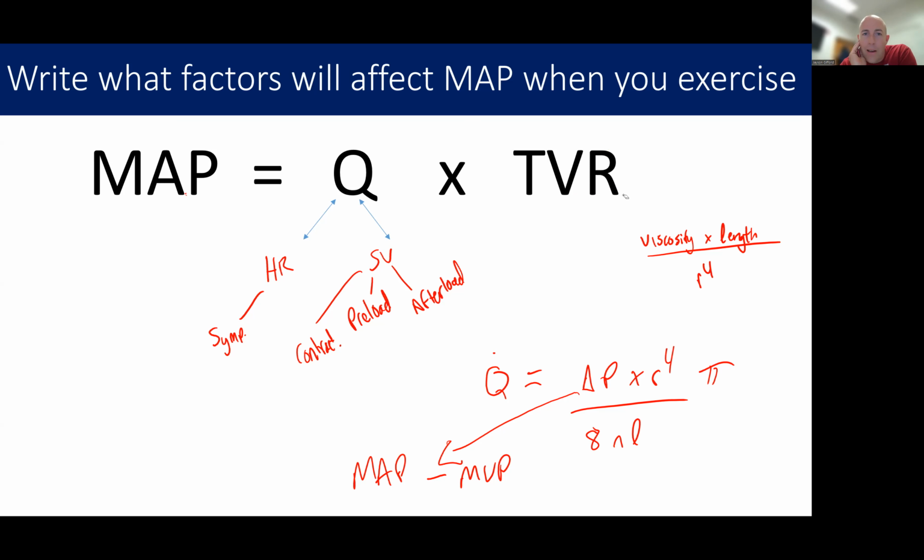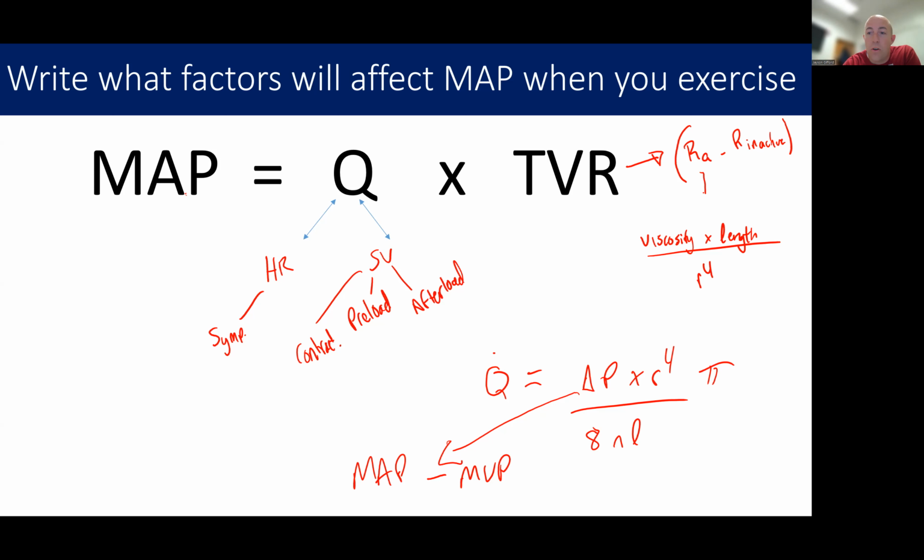So this total vascular resistance, we could just change this to saying that total vascular resistance is resistance in the active area, that's what the little a represents, minus resistance in the inactive area. And so when you're exercising, you want to decrease resistance to the active area.